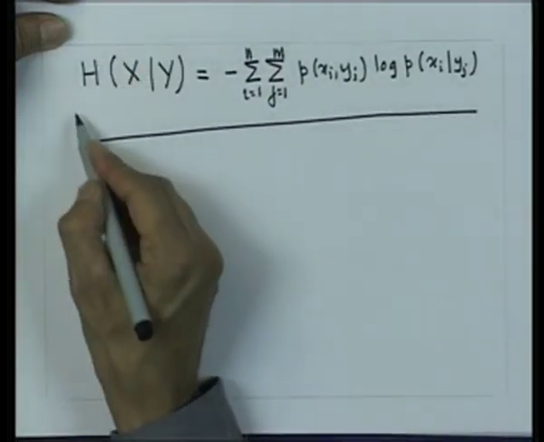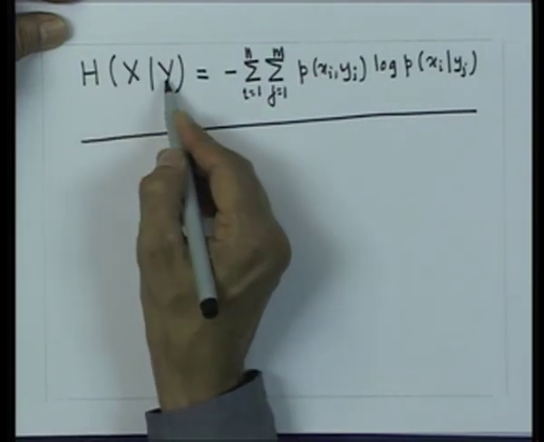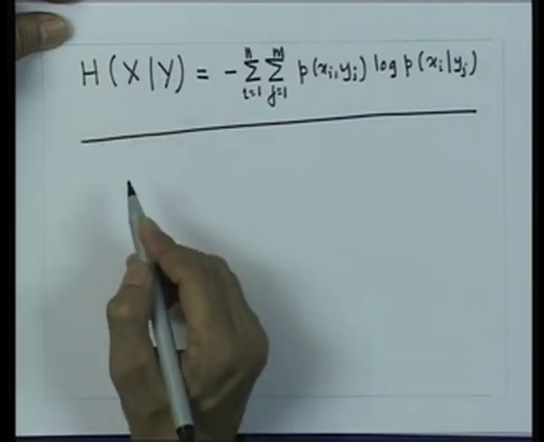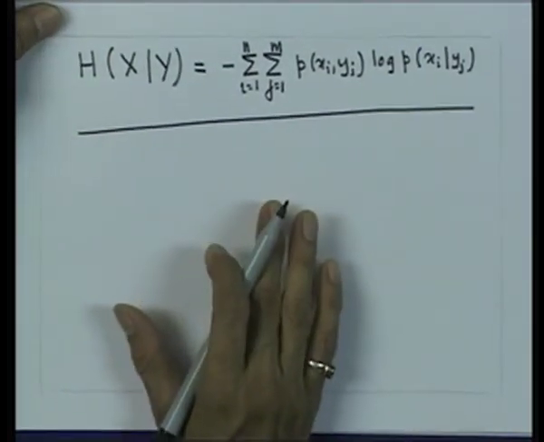This is the average amount of information of x given foreknowledge of y. Now, based on all these definitions, we will try to probe a little further into the Mth order Markov source.